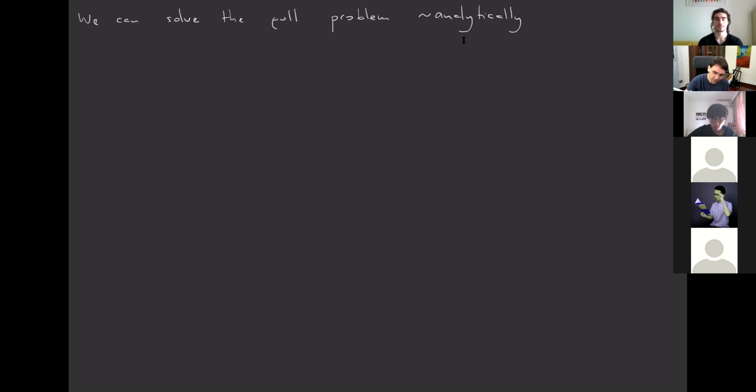The reason why we can solve this problem so easily is that we have a single excitation in total. We start with the atom excited and the electromagnetic field in vacuum. The only thing that can happen after some time is that the excitation, instead of being in the atom, goes into the electromagnetic field.